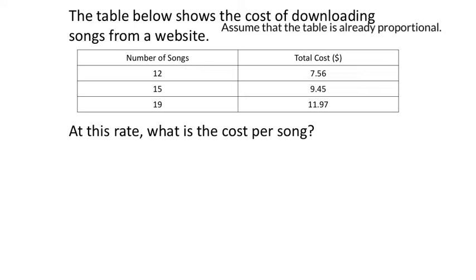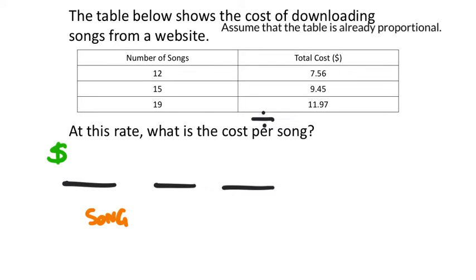So we're going to make that assumption, which tells us that each of the values should be equivalent. So for me, it says, what is the rate and cost per song? Well, we know per, that's division. So I'm going to be looking at division, and I'm going to be looking at all three sets of values here. It's cost, so I have cost per song.